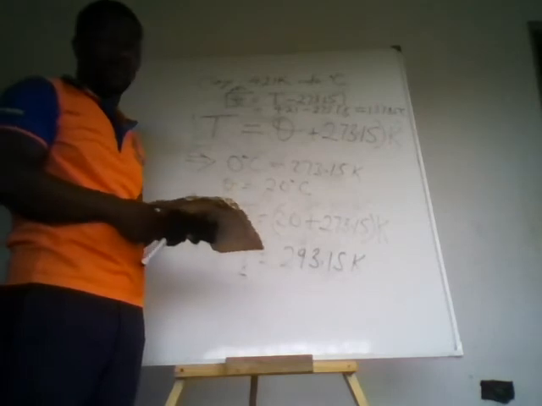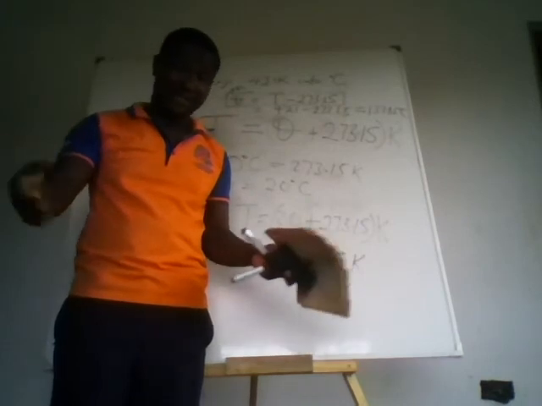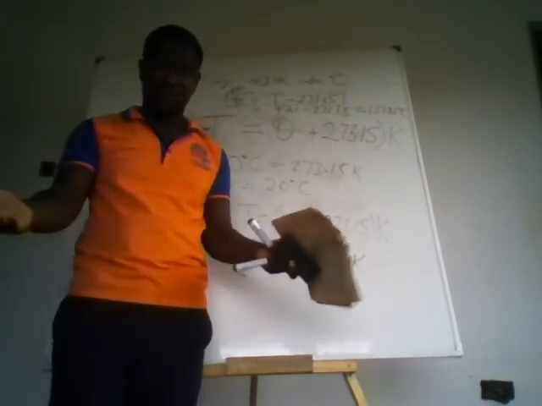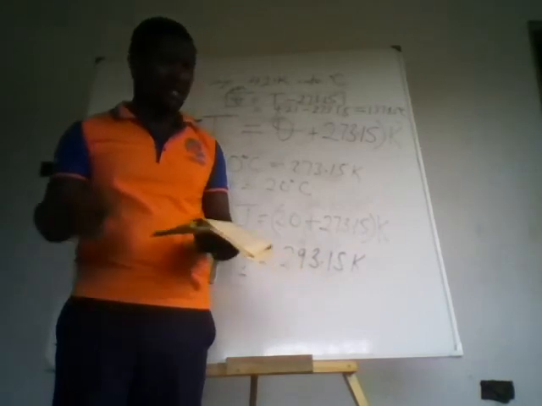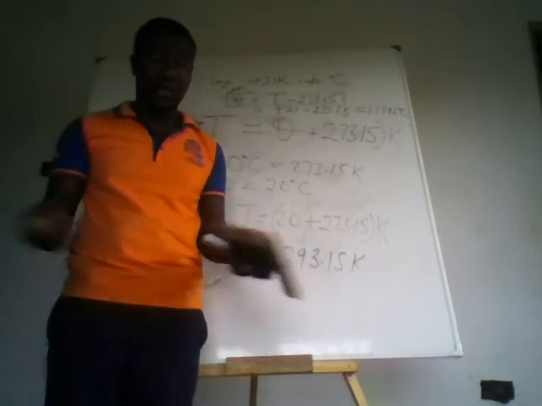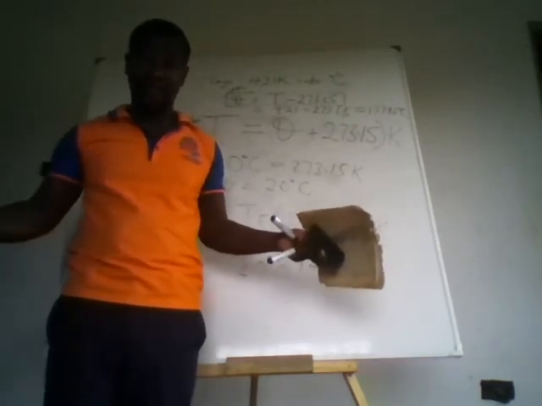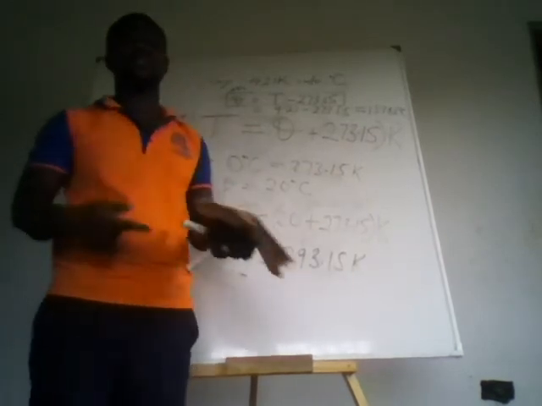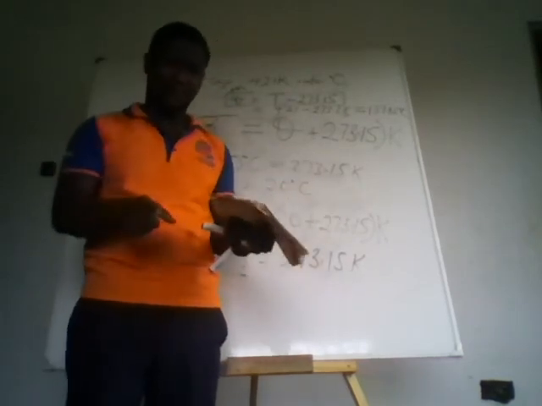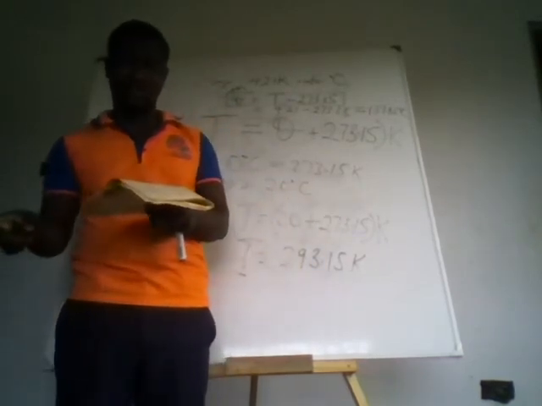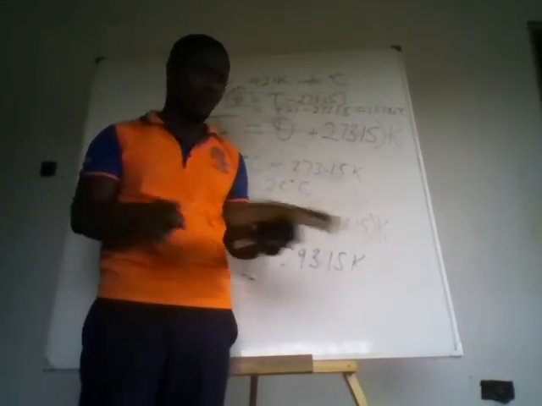Try examples on your own. Quote any value you have. You can quote a value like 98, or 127 degrees Celsius, and change it to the Kelvin. You can also quote a value like 42 Kelvin, and change it into degrees Celsius. But if you have 42 Kelvin and you are changing to degrees Celsius, then the question is, would your value be positive or negative?